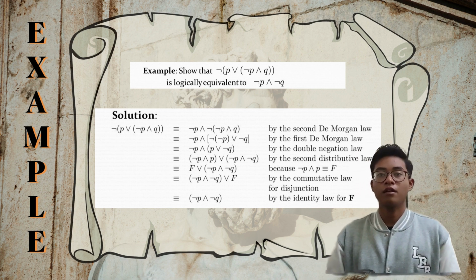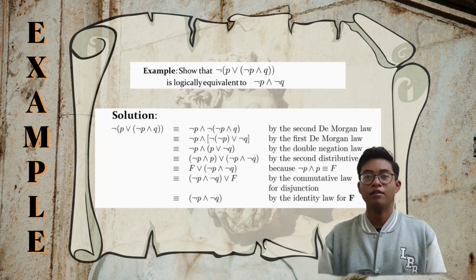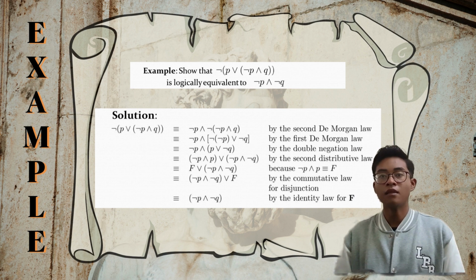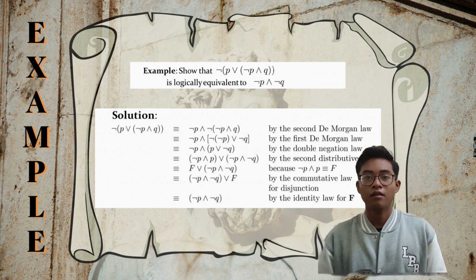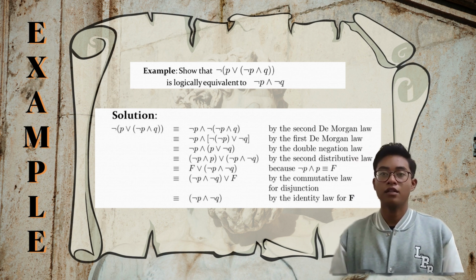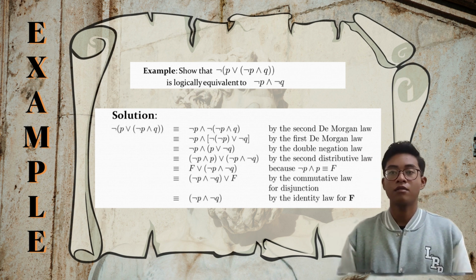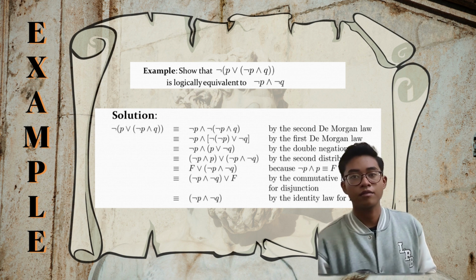Negation P and (P or negation of Q) by using the double negation law. Negation of P and P, or negation of P and negation of Q, by using the second distributive law.